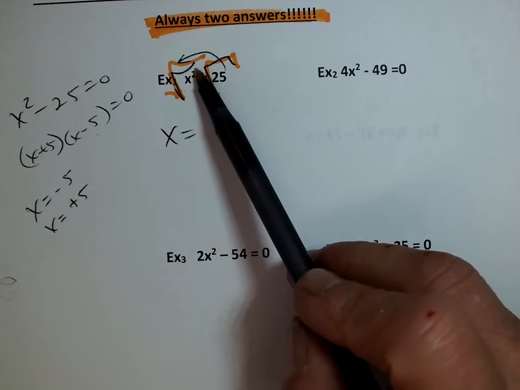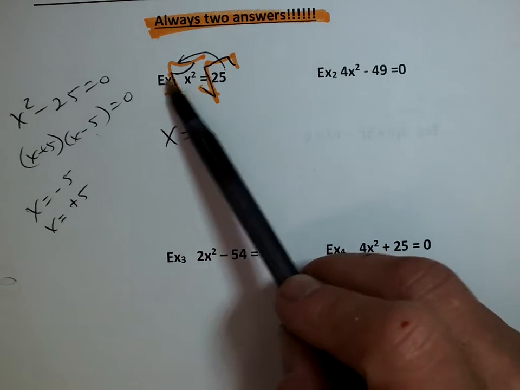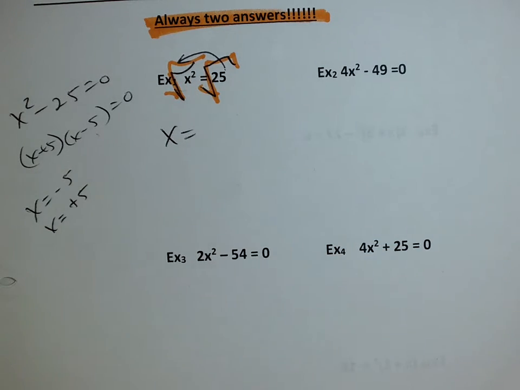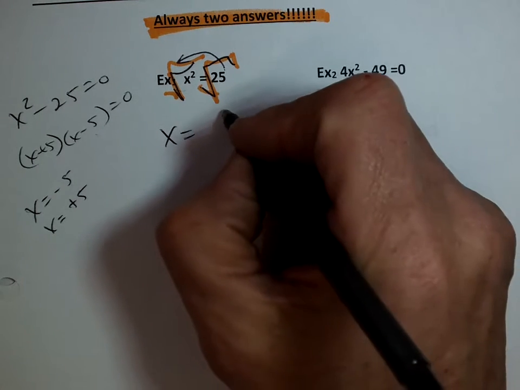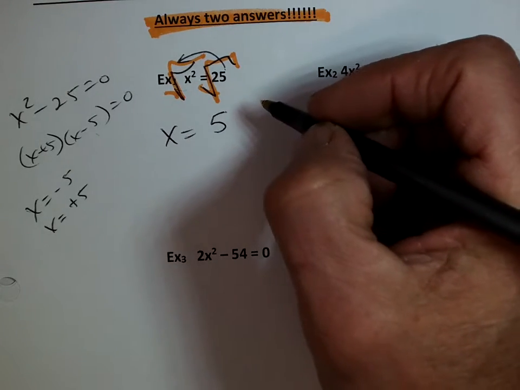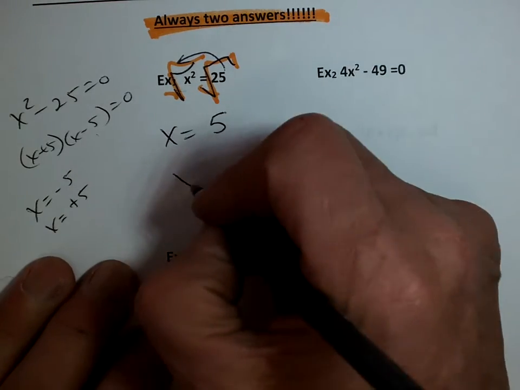The square root is the opposite of an x squared, so it undoes it. The square root of 25 is 5, but there has to be two answers, so also negative 5.